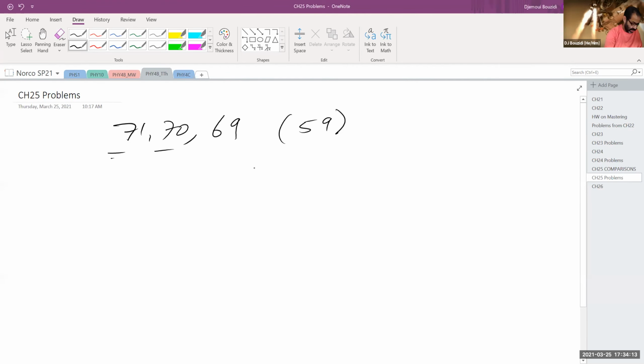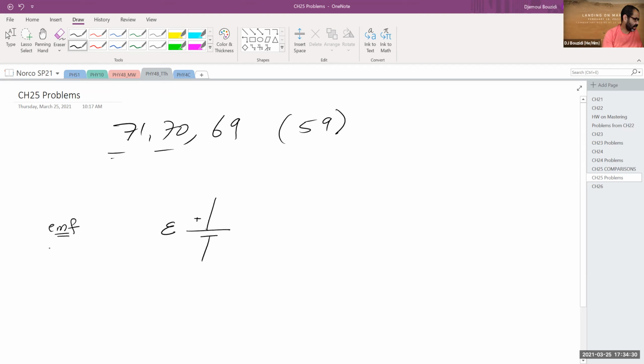So for problem 70, basically what they give you in this case is a battery. And the battery has a representation usually by this epsilon. The epsilon stands in here for EMF, the electromotive force. In other words, the voltage on the battery.